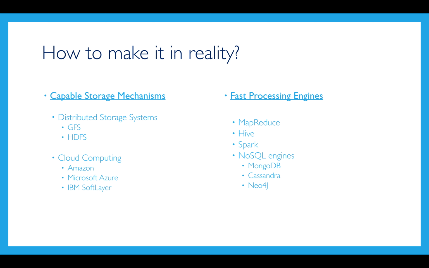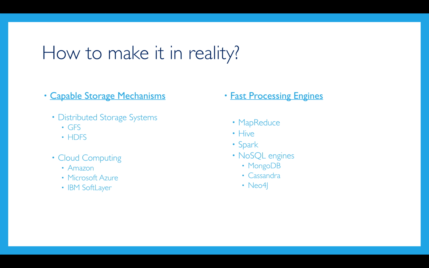MapReduce is one of the open source data processing engines that we have. Hive is a query engine that can be built on your Hadoop distributed file system. Another processing engine is Spark, an open source technology from Apache. Some NoSQL engines are also available, like MongoDB, Cassandra, and Neo4j.